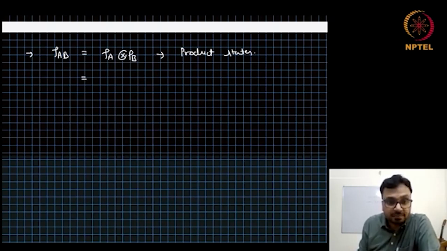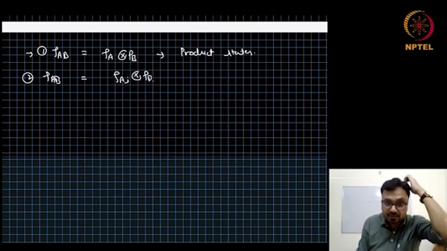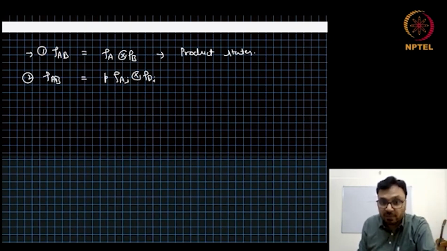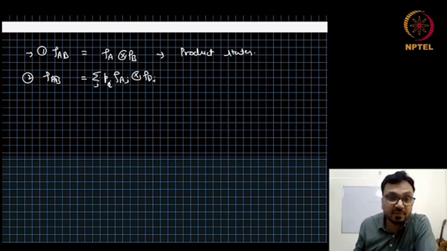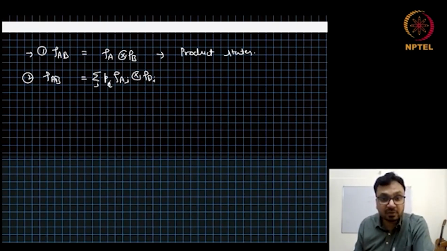This is case 1. Case 2: ρ_AB is prepared like ρ_Ai in lab A and ρ_Bi in lab B, with this combination having probability p_i, and we then put them together. So we prepare them locally and then communicate between the two labs.